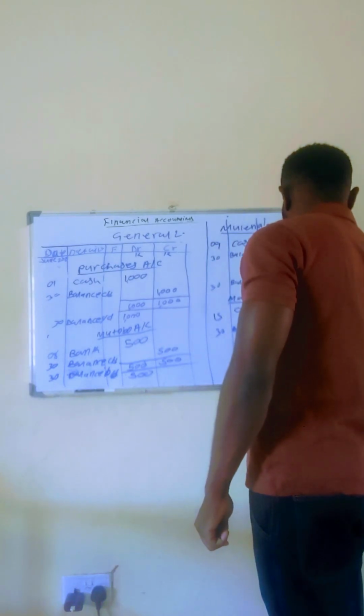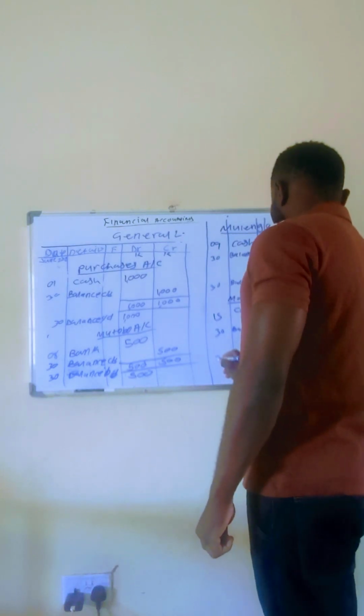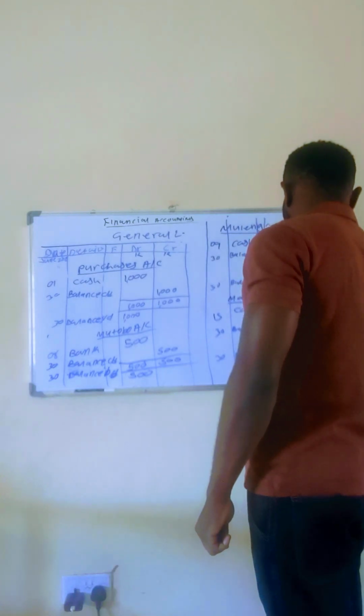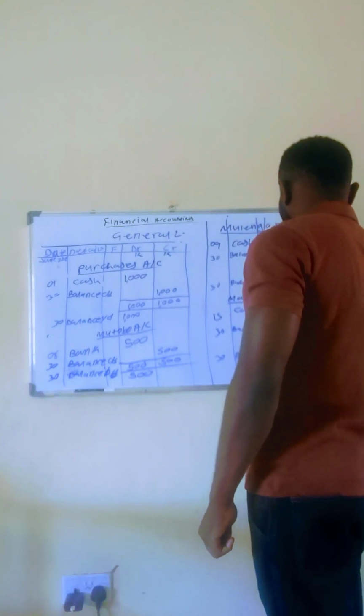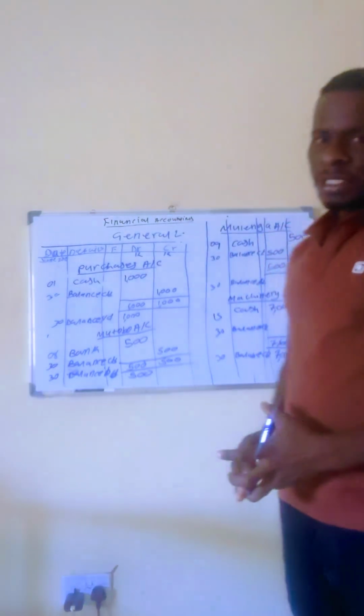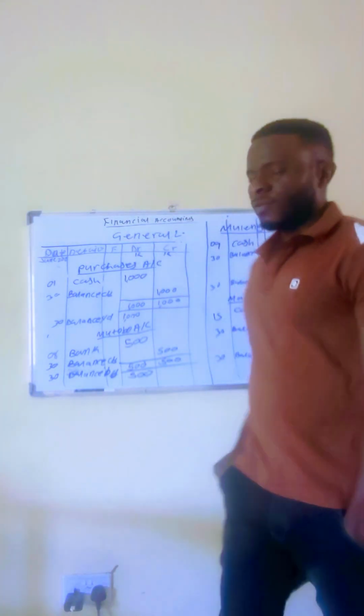We have 7,000. And this again becomes our balance carried down. These are the transactions that we had in this month of June 2015.